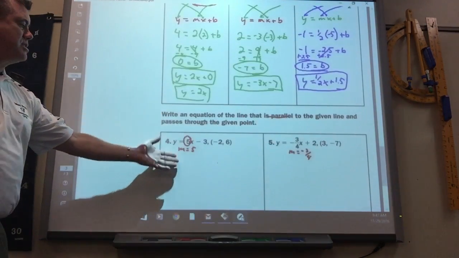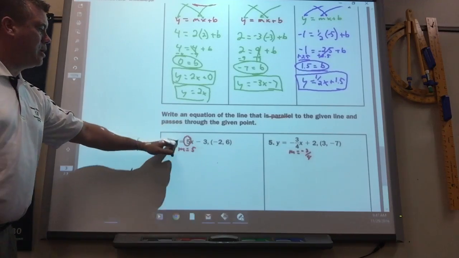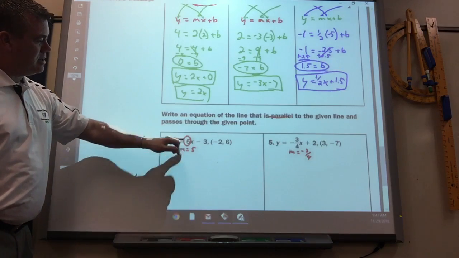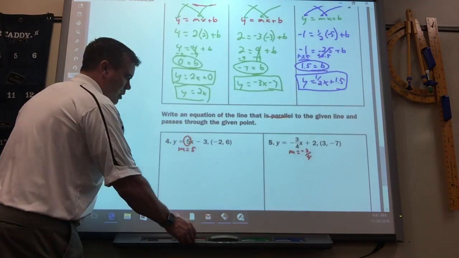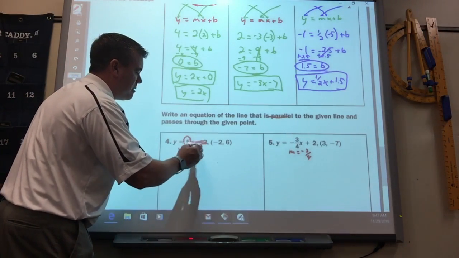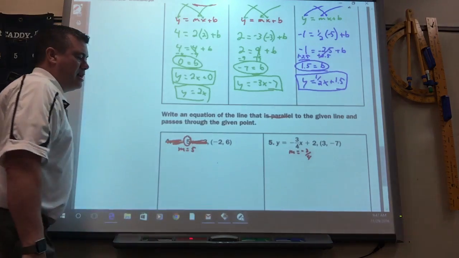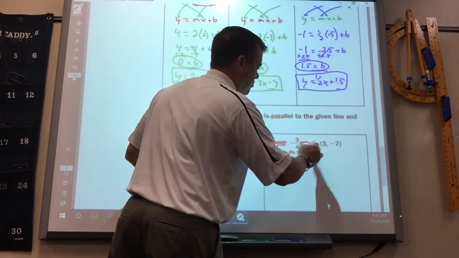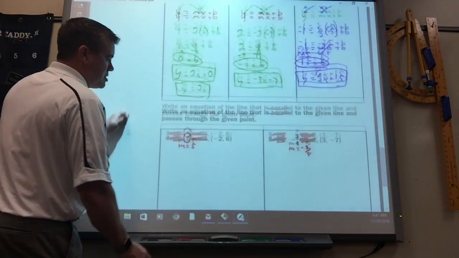So again, these are the same thing. They give you an equation and a point, but they say find a different equation that's parallel to this. So we don't need anything except the number in front of the x. That's all you need. So we do it the same way.